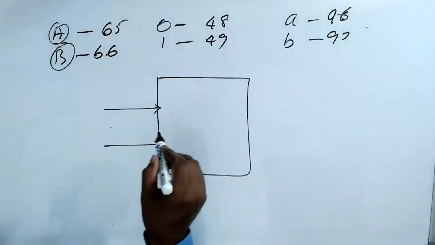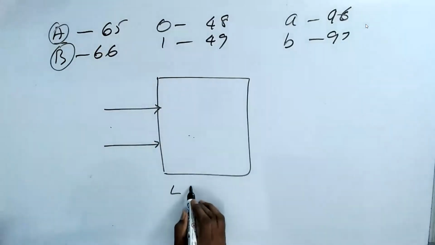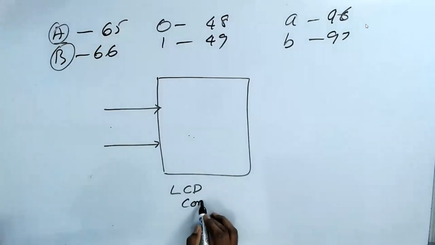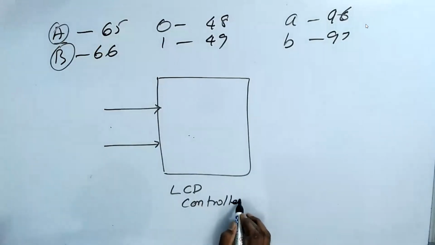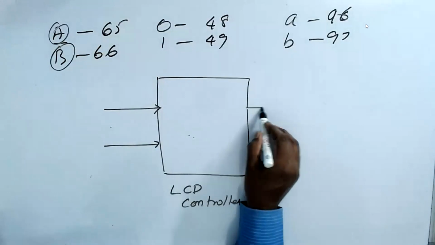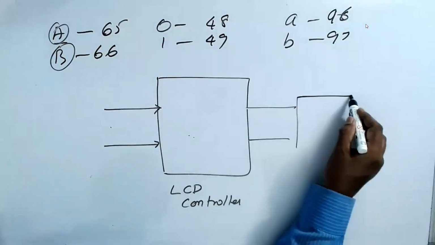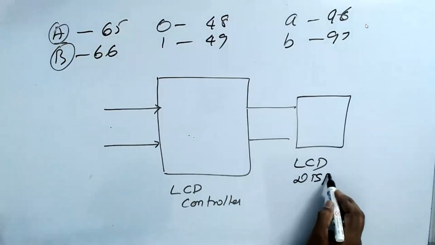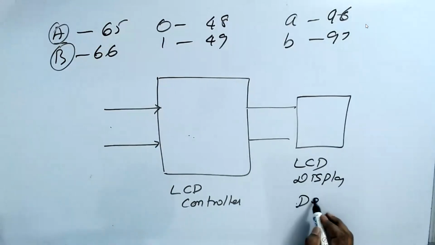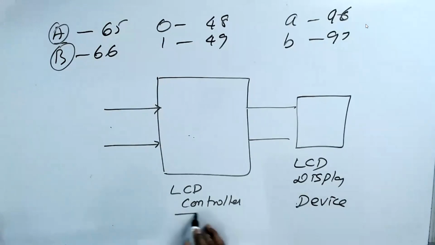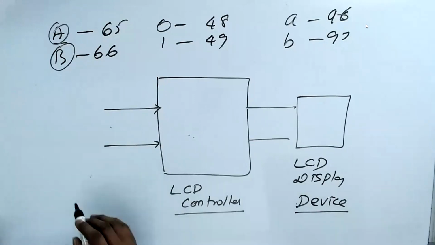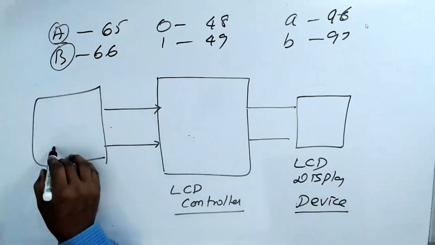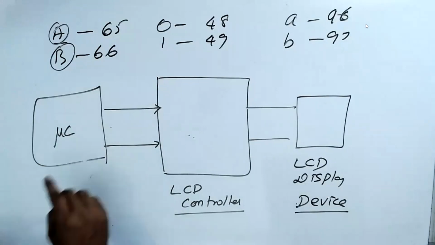Now, what they have decided: this is called the LCD controller, and this is called the LCD display. This is the device. Please understand the thing, controller and device. And here is your microcontroller. So I connected one to a port.